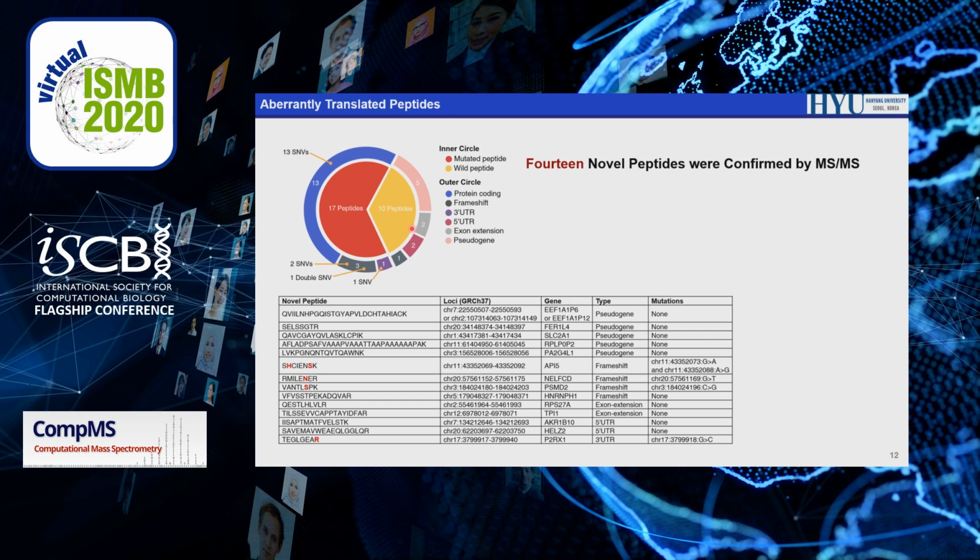As a result, we could find 14 novel peptides supported by MSMS spectra. All of them, except one pseudogene, were identified as unique peptides. In the case of frameshift, 3 peptides among them had mutations.